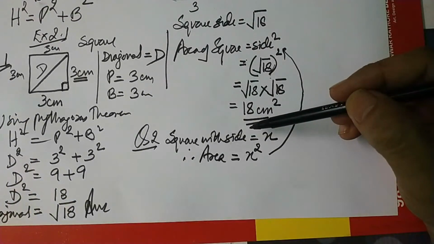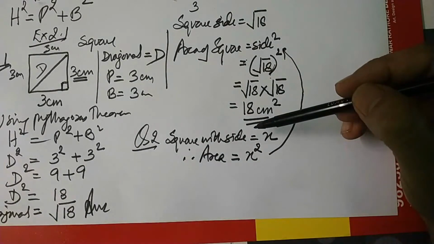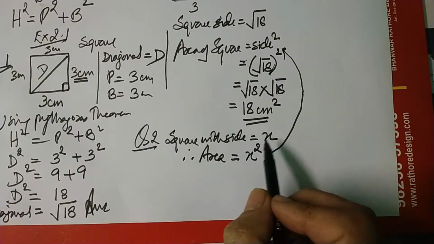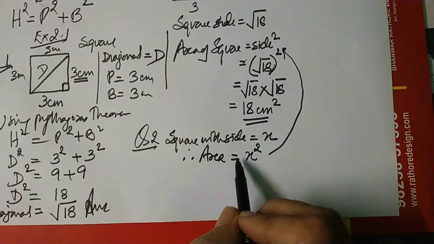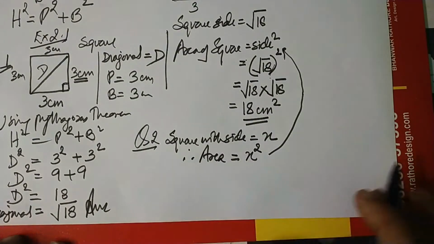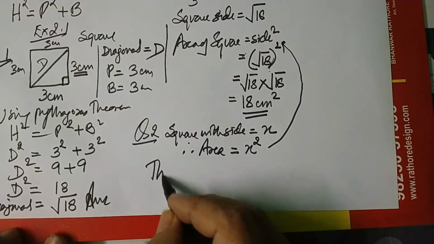Therefore, in question number 2, because it says can you use this method to create a square with 3 times the area, first we are finding that suppose there is a square whose side is x. Then what will be its area? Its area will be x square. Can you use this method to create a square with 3 times the area of the original? So now we have to find what will be 3 times the area.